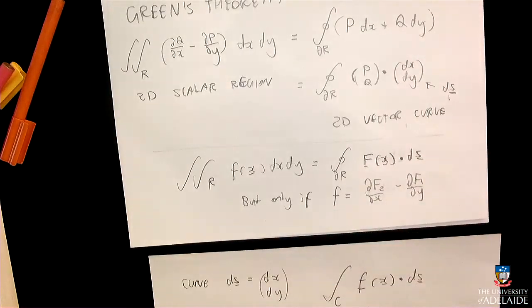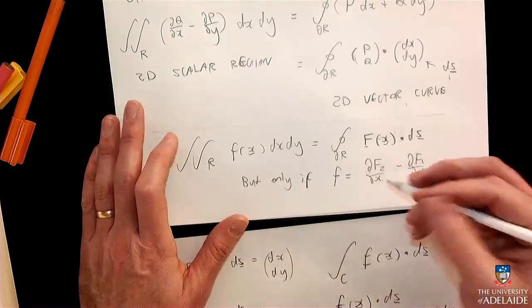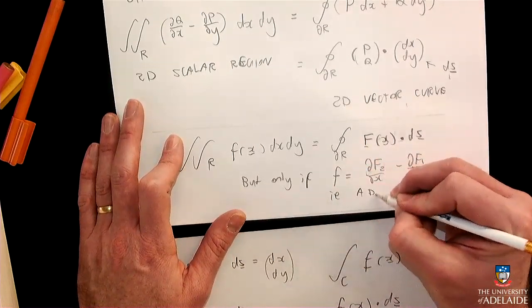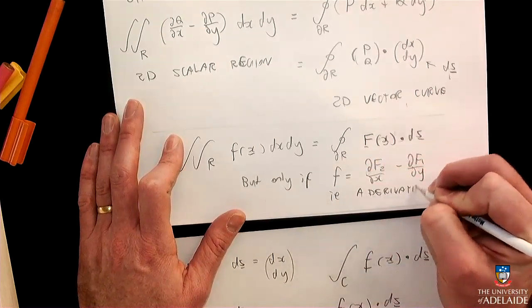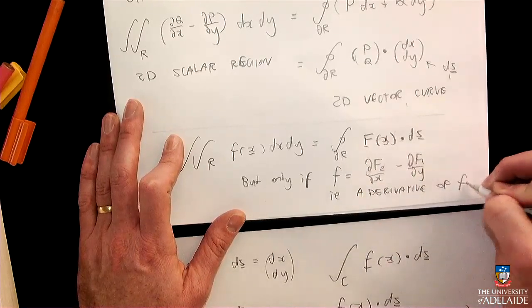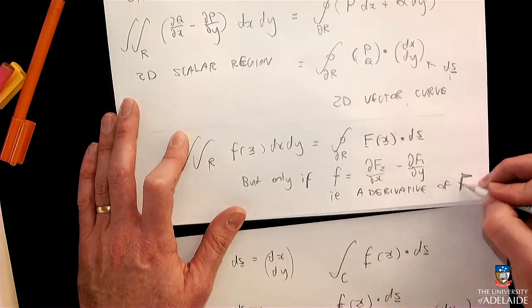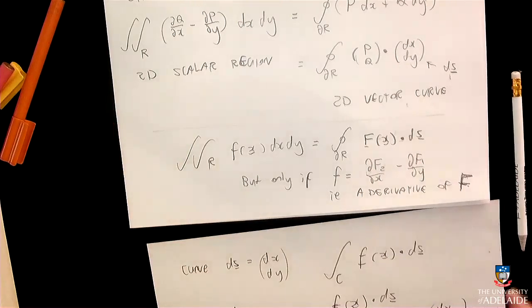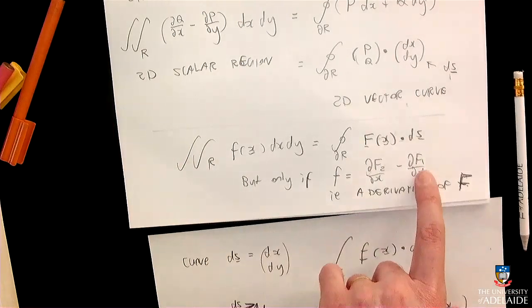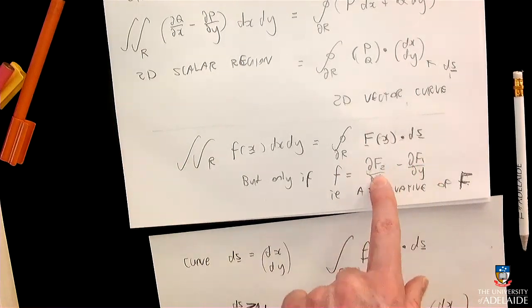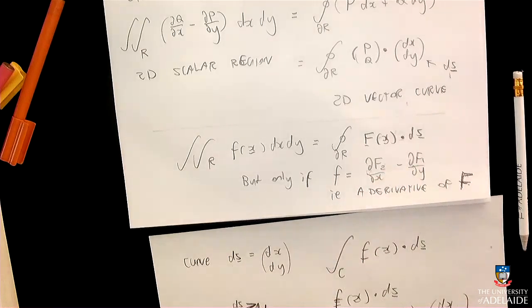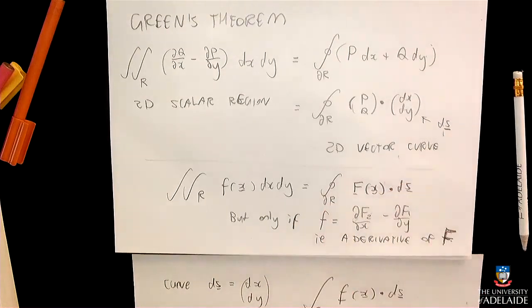Is that right? Yeah. I.e. a derivative of F, of big F. So that's one way of doing it. So we can say the F1 is the first coordinate of big F and F2 is the second coordinate of big F. So Green's theorem is extremely similar to the fundamental theorem of calculus.